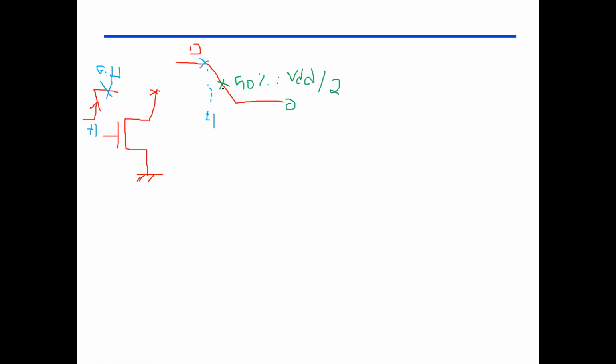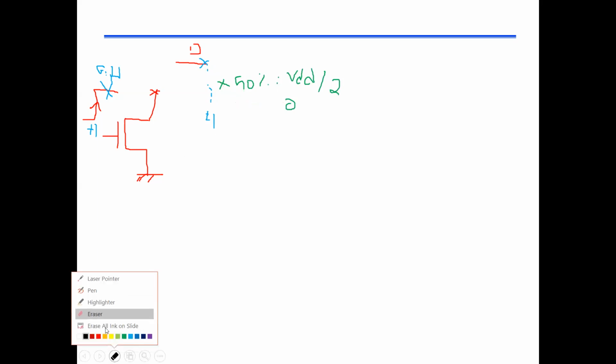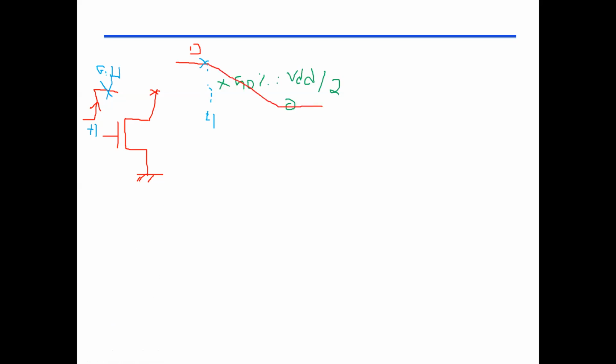Okay, so we define, and let me make this larger, let me erase this. We define our time points T1 and T2, typically when the output reaches 50% value. So really my 50% point is here, and this is what defines my time point T2.